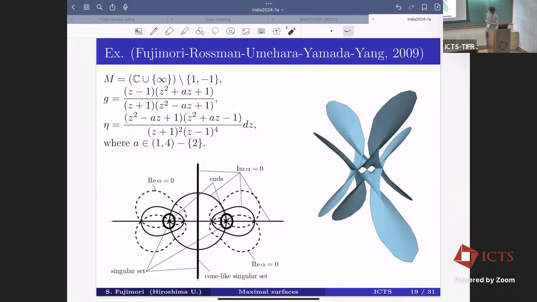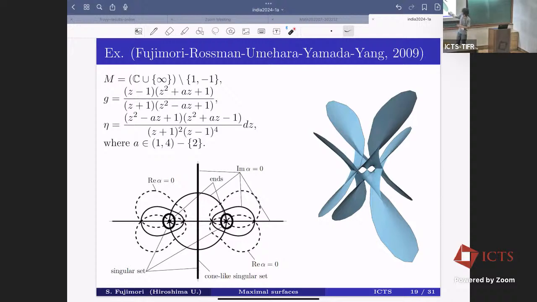Also, there are some other examples. Okay, let's see. This is from these Weierstrass data. We have 2 ends, 1 and -1, and from this data, we see that the surface looks like 2 Enneper surfaces connected at 1 point.